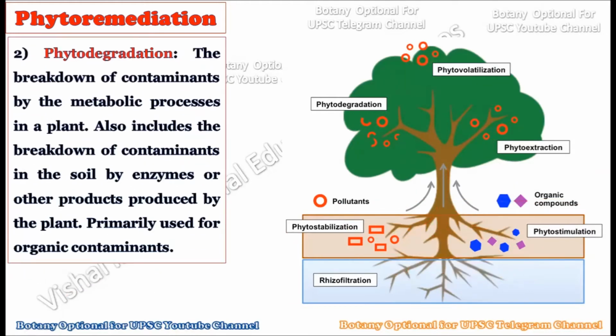Now consider the second method, which is called phytodegradation. Now here, as the title suggests, degradation literally means the toxic element is going to degrade, okay. Now see, the breakdown of the contaminants by the metabolic processes in the plant, okay.